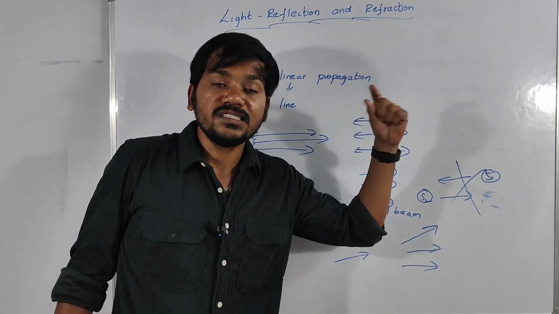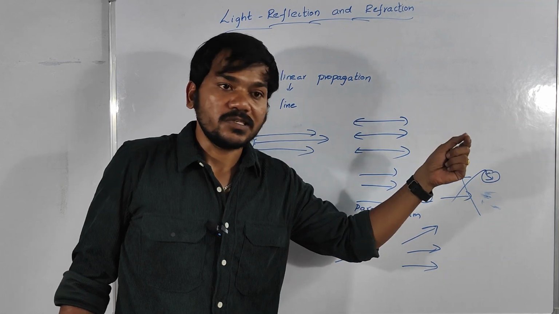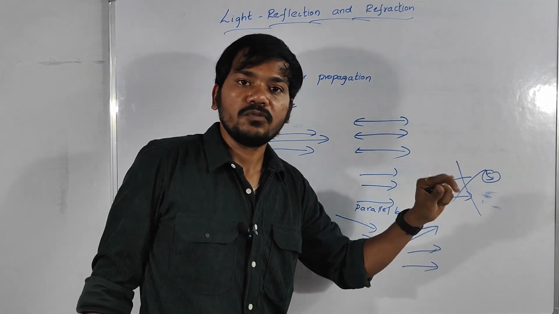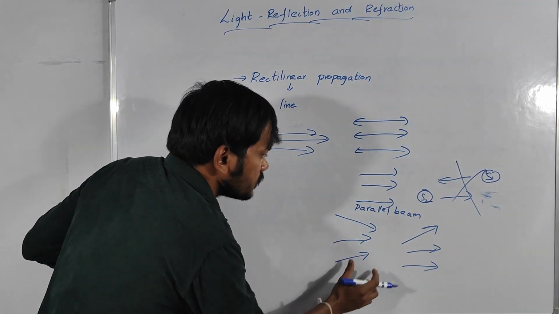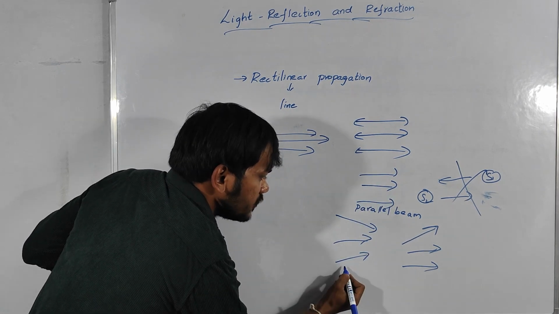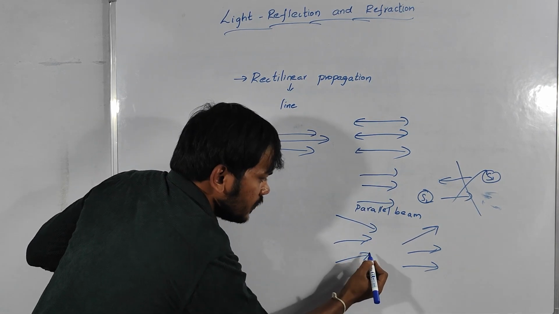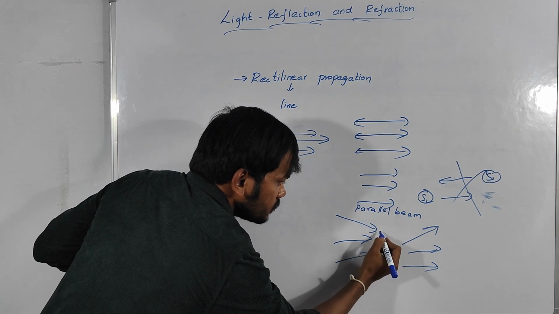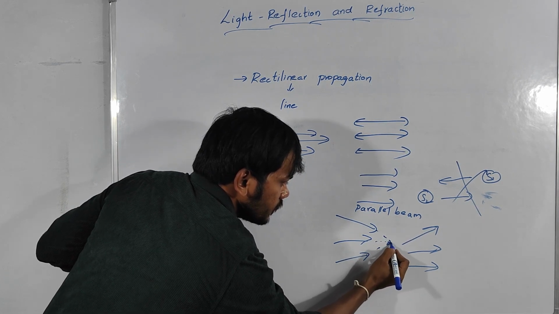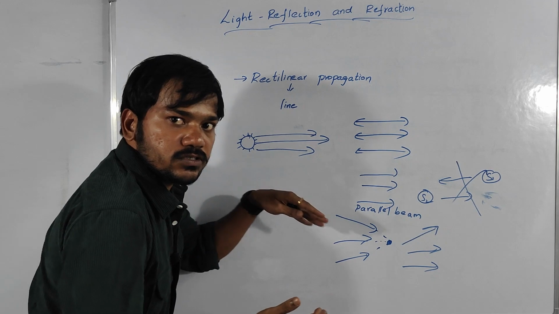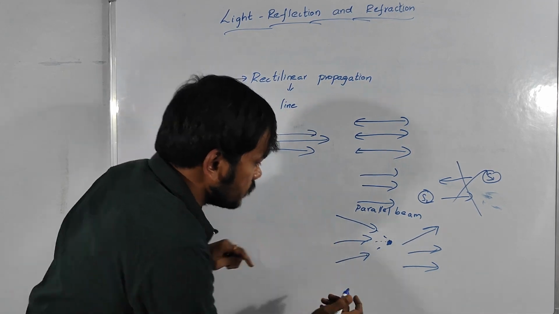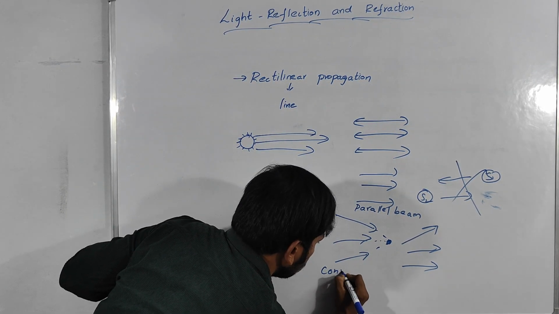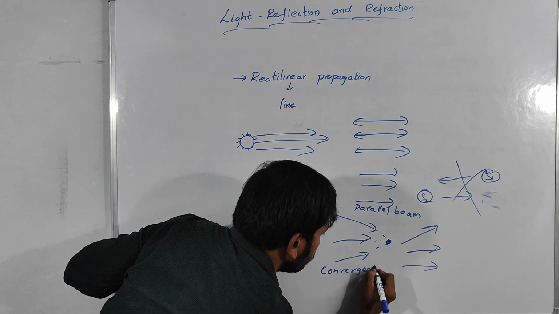They can be used for engineering or other scientific purposes, but in this chapter we are not going to study that. So what are we going to study? Parallel beams of rays. And these beams of rays, if you see, try to meet at a single point indirectly, so they are said to be a convergent beam.